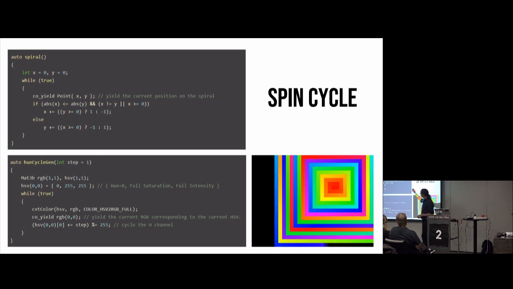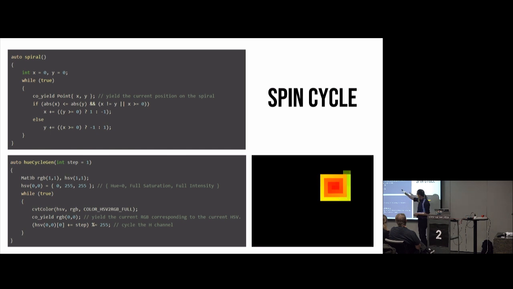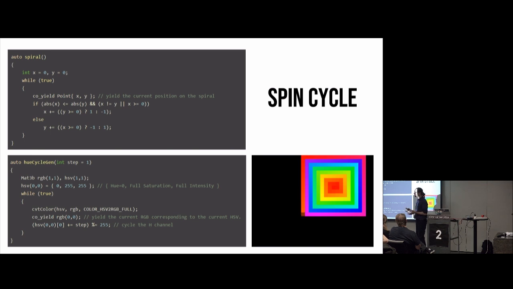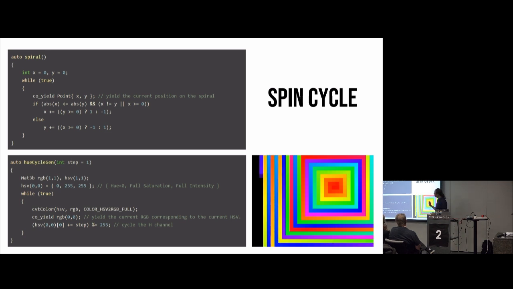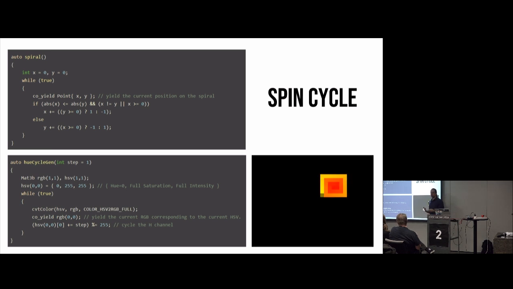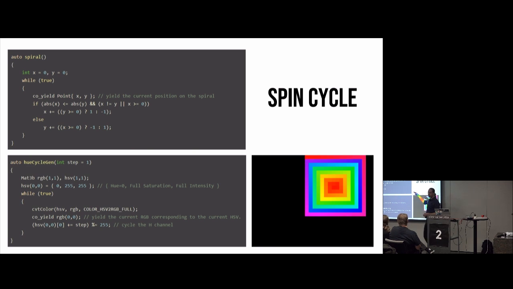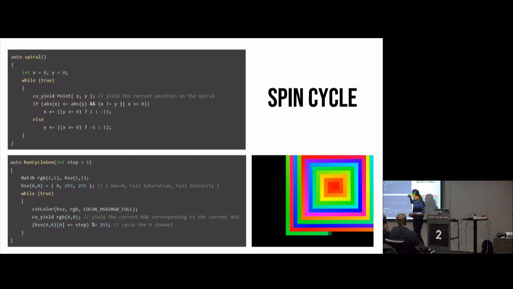I'm initializing some variables x and y to 0. And the first thing I do is co_yield the point x, y. So basically, it will be the origin 0, 0. That's the first value, and it's indeed the center of the pixel. Then whenever the user decides to resume the iterator, there's some computation. I'm not actually going to explain how the computation works, because this is probably the simplest way to show it.